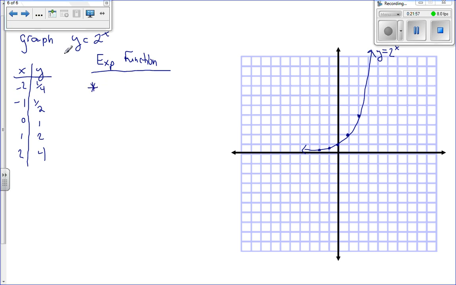With our basic exponential functions in this form, we are always in reference to 1 and 2, whether they're increasing or decreasing. In the general form, it's always through the point 0, 1.